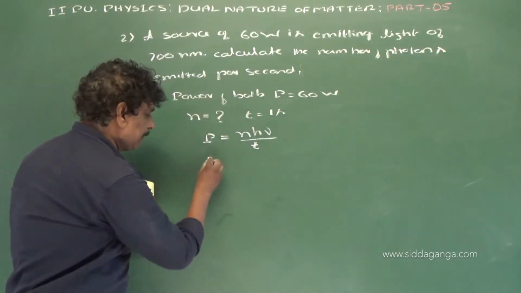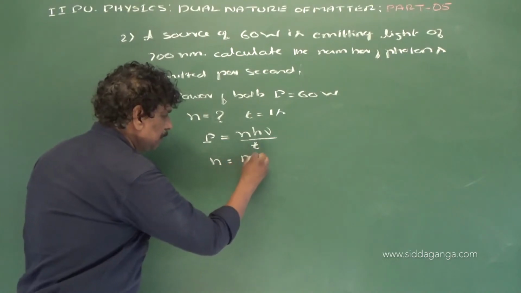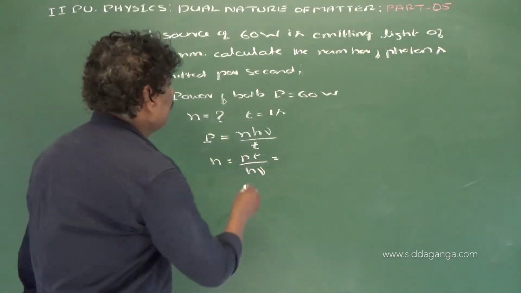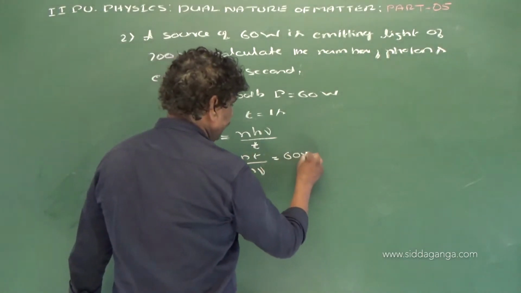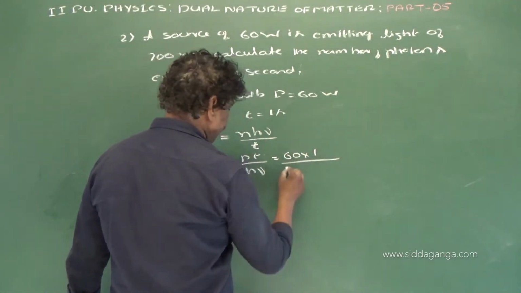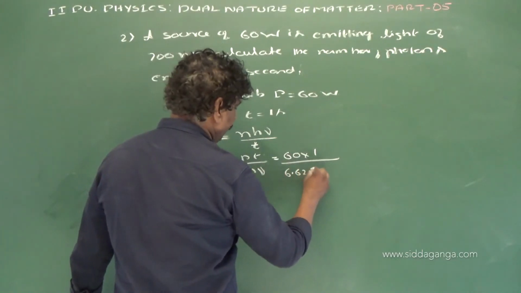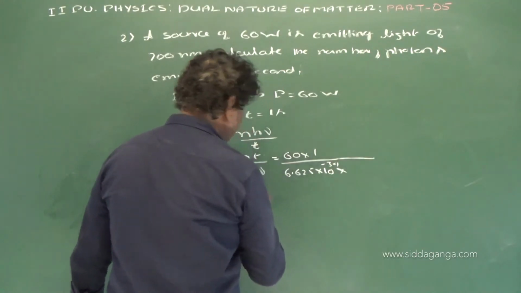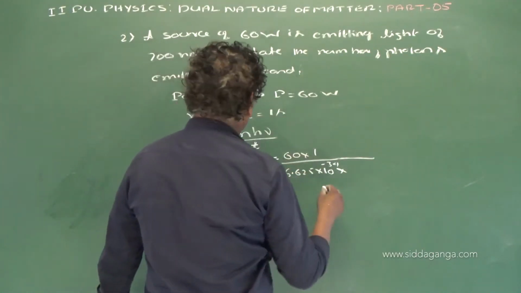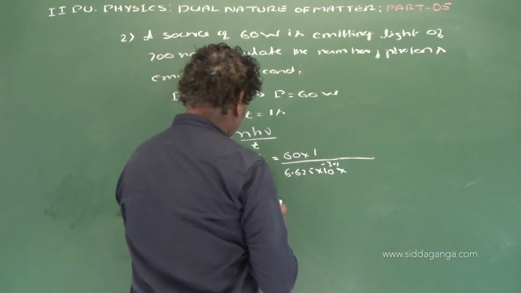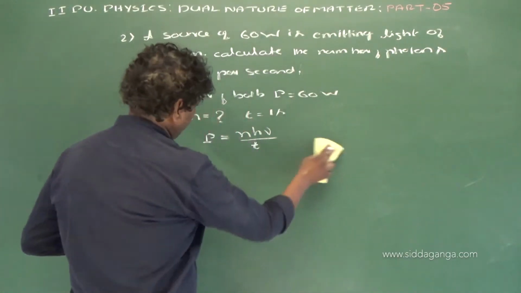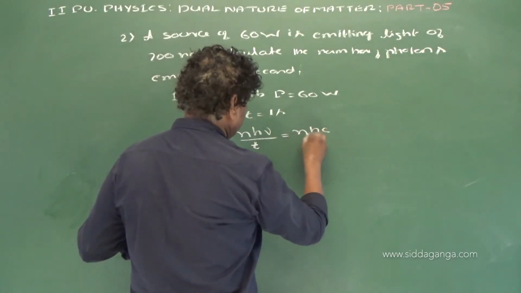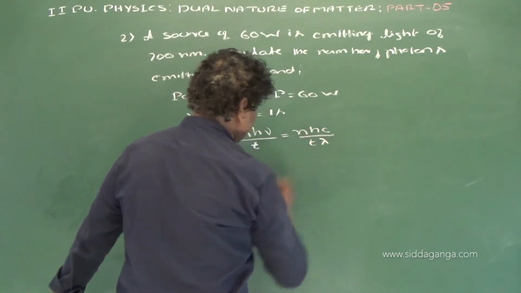Now N is equal to P t by h nu, that is power 60 into 1 second divided by 6.625 into 10 raised to the power of minus 34 into nu. Wavelength is given, so we will take it in terms of wavelength: N h c by T lambda.